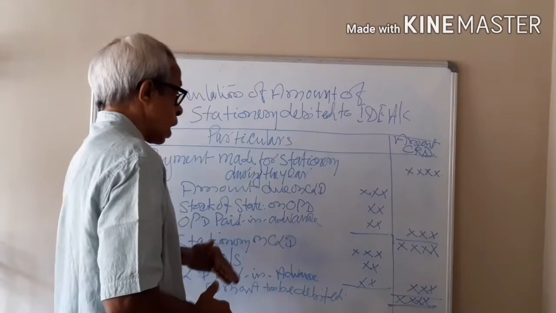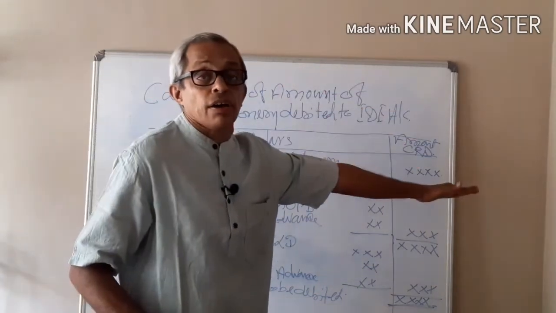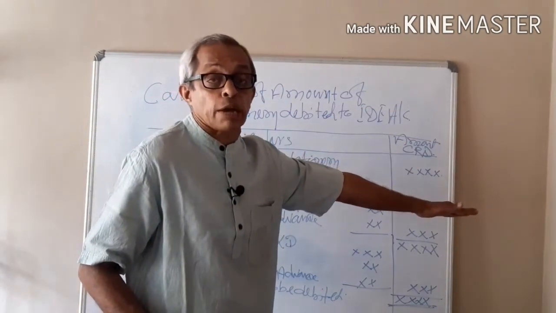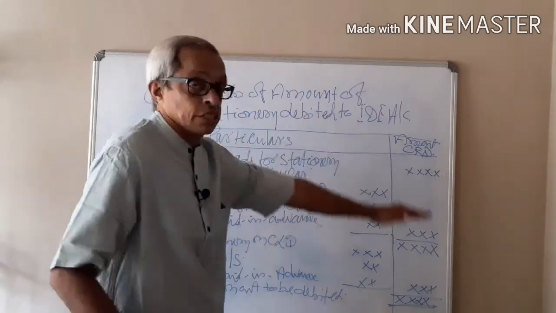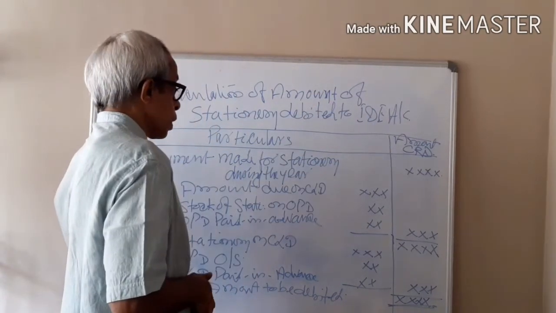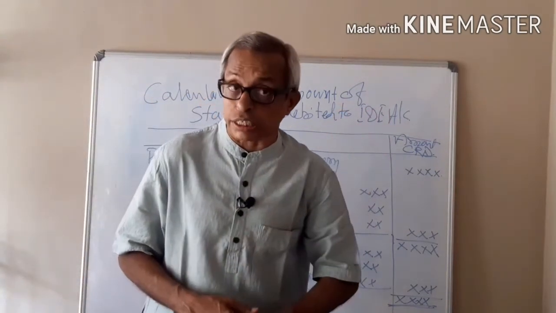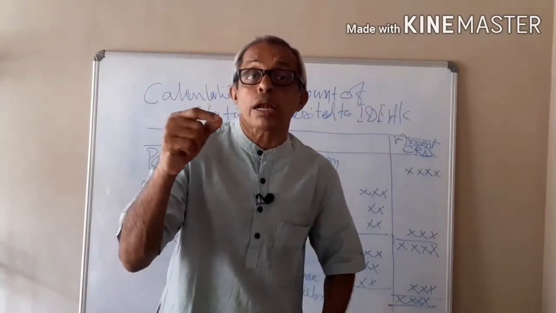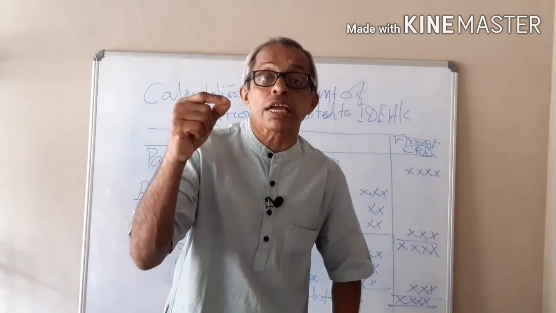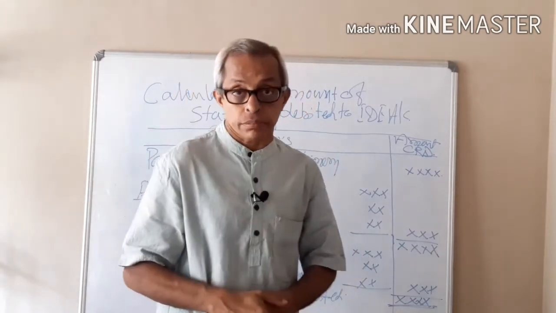For that, as told earlier, when we prepare the subscription, we have to make a statement. The first item to be shown in the statement is the actual payment of stationery made during the year.